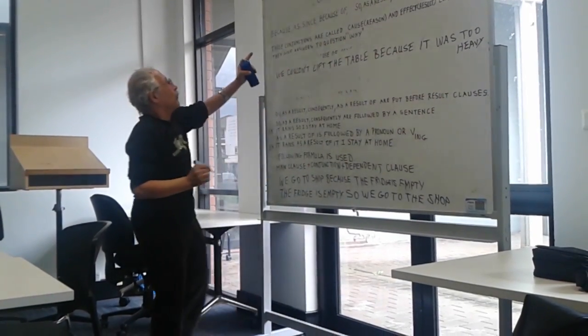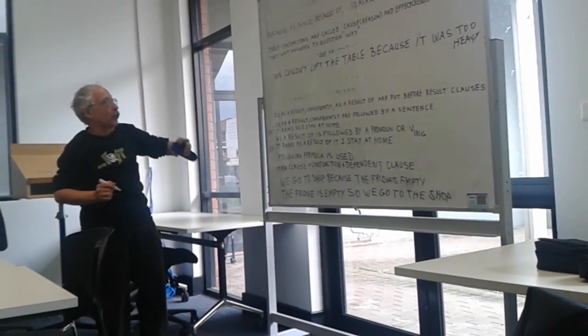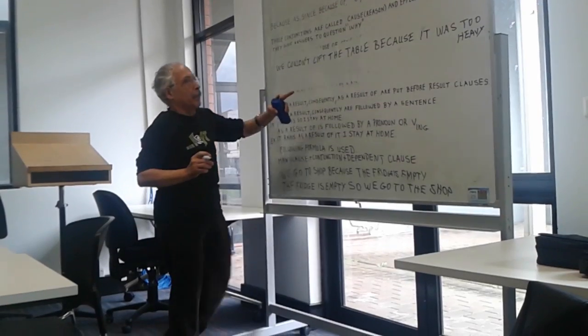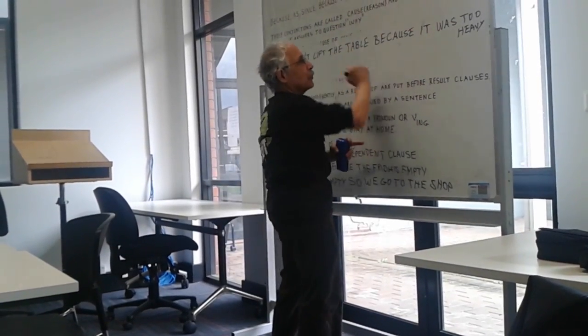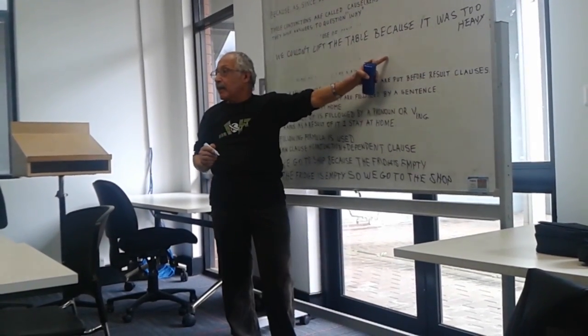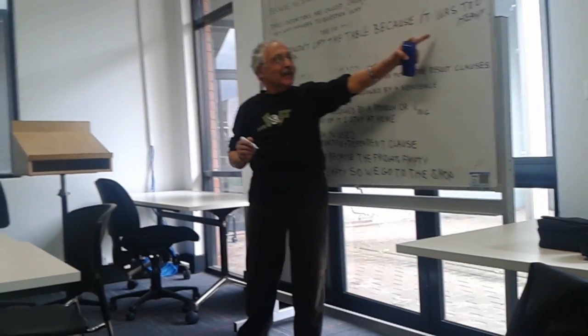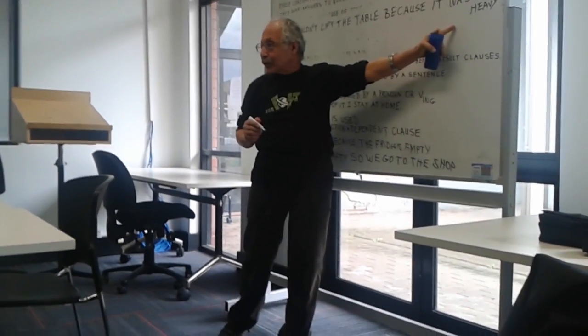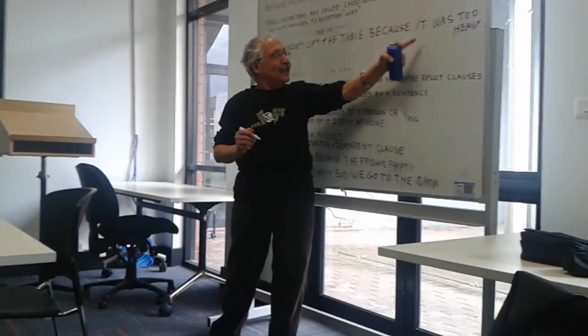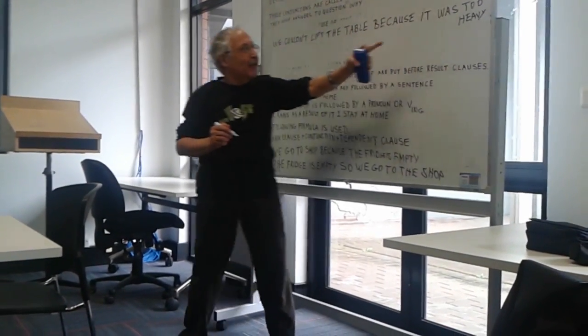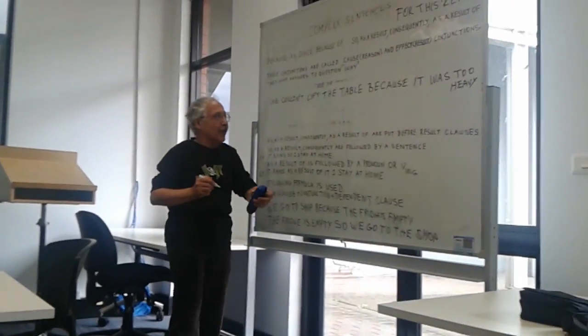This is the first group: because, as, since, because of. The because is placed before the reason clause. What was the reason? The reason is the table was too heavy.